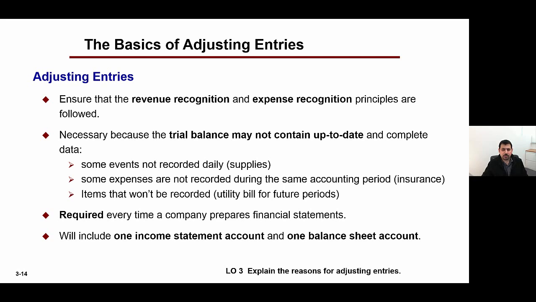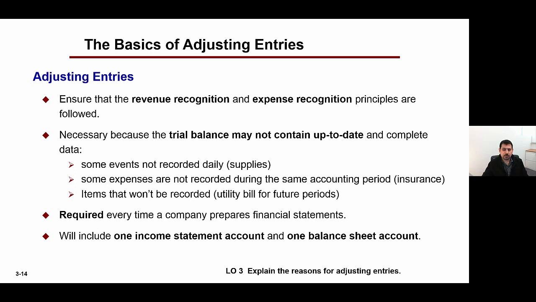And the reason for that is that certain events happen on a daily basis, but we don't need to record them every day or every time we use them. For example, when we use supplies, or when we have salaries or interest accumulating. We wait until the end of the accounting period, and then we recognize them.